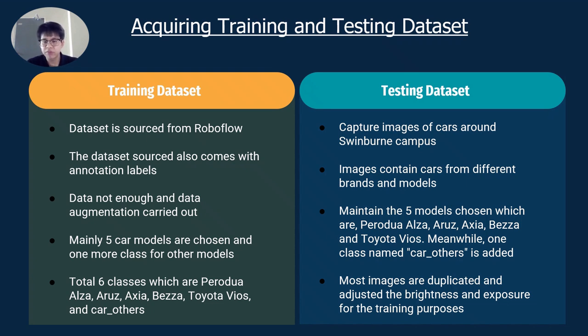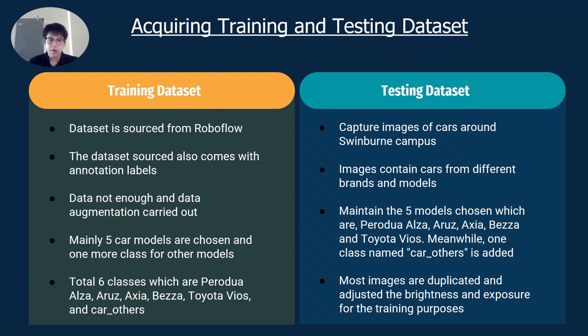And we will maintain the 5 models chosen, which are Perodua Alza, Arus, Asia, Beza, and Toyota Vios. The class Others is added to handle cars which are different from the 5 models.